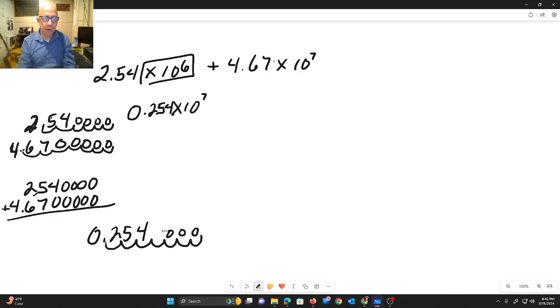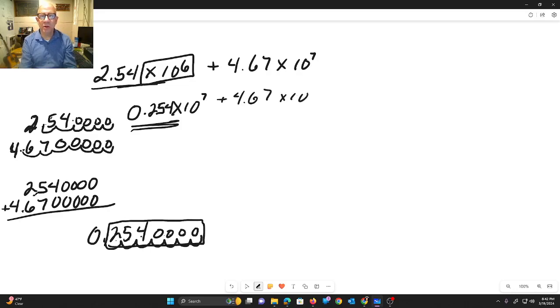And so I get this 254 million, right? 254, 1, 2, 3, 4. So these are the same number. But now I can add it to 4.67 times 10 to the power of 7 the same way I did before.